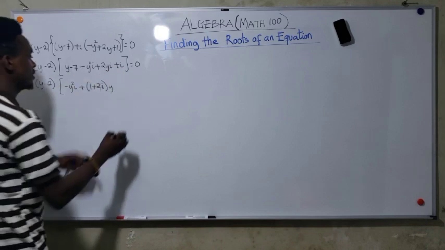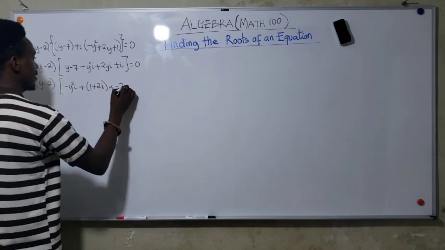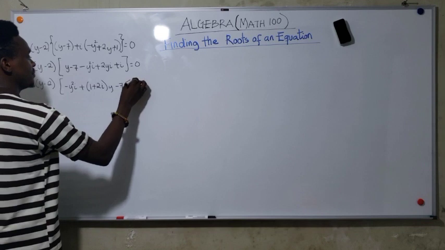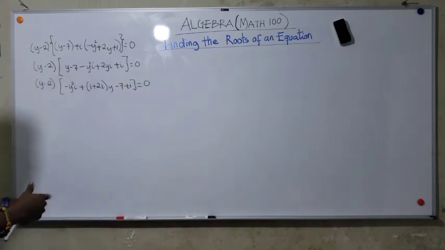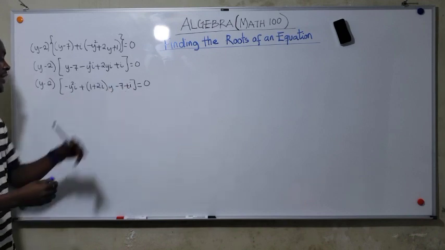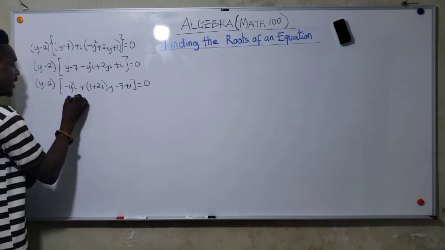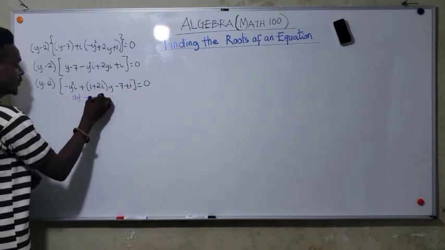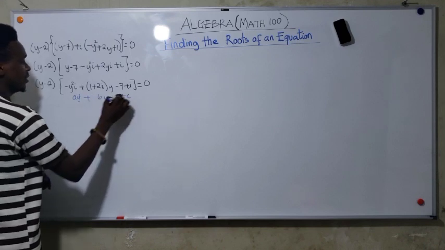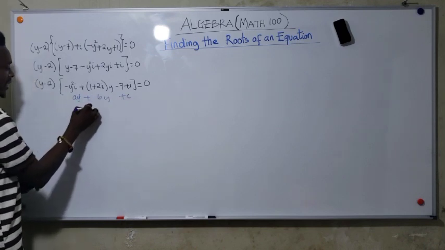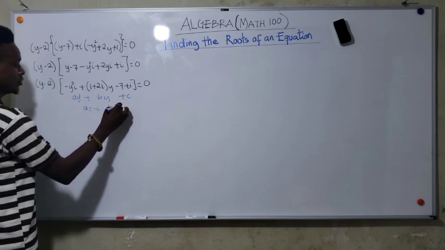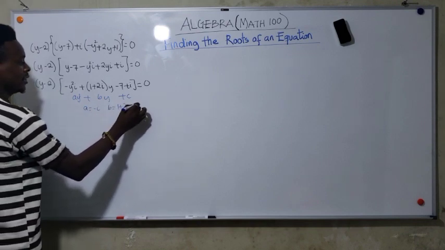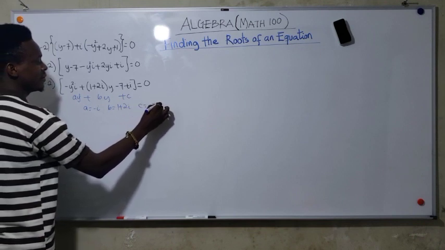And we have this and this, which is minus 7 plus r, equal to 0. So we realize here it's a quadratic equation, ay squared plus by plus c. For this case, a is equal to minus r, b is equal to 1 plus 2r, and c is equal to minus 7 plus r.